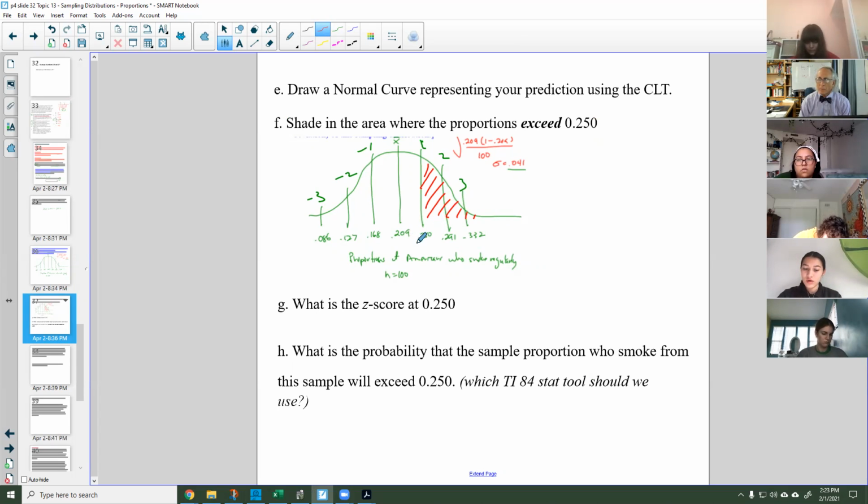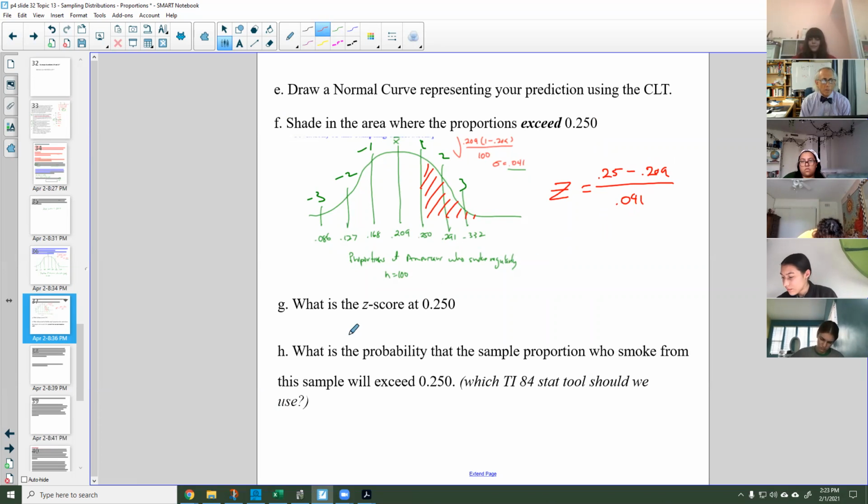To find the z-score, would you use the equation z equals x minus x bar over the standard deviation? Okay, so what's my x? The x would be 0.25. And then x bar would be 0.209. And that's divided by the standard deviation, which was 0.041, I think we used, right?